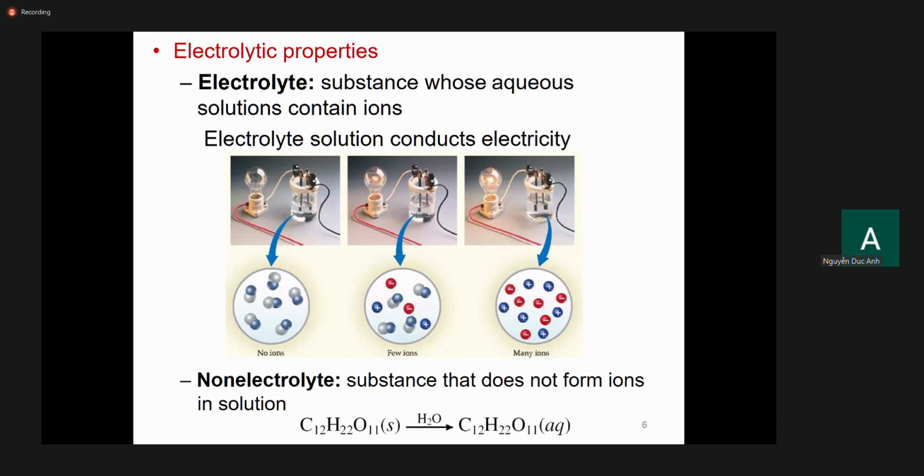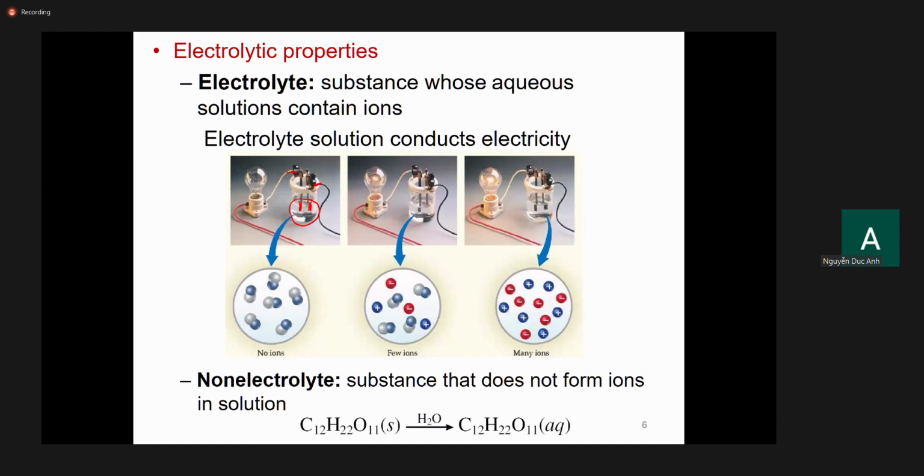So it looks like this. If the solution works like a wire, you connect the electric wires here, and two electrodes are dipped in the solution. If you see the circuit become closed, this means that the solution can conduct electricity. So depending on the ability of the solution to conduct electricity, we can separate them into several types.